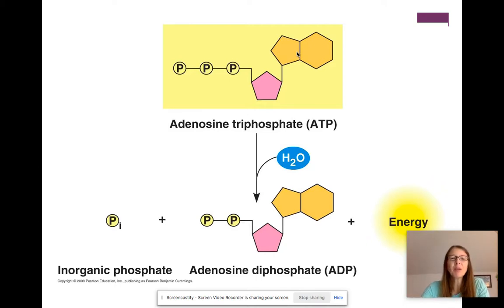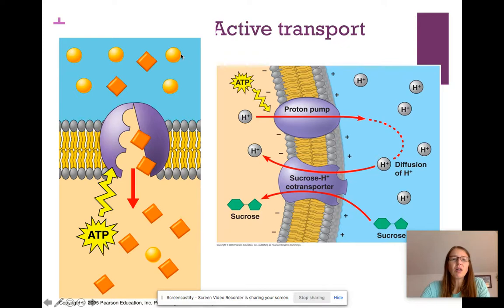All right, so we looked at using ATP to just pump ions across, but sometimes active transport also happens using something called a co-transporter. A co-transporter is when we use one molecule that's moving along its concentration gradient to provide the energy for a second molecule to move against its concentration gradient.